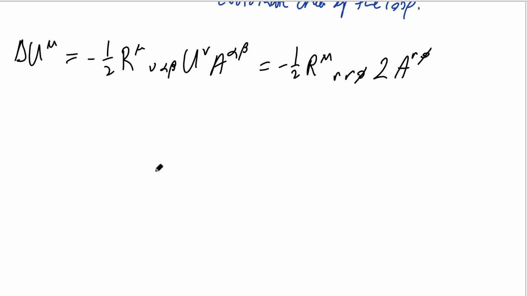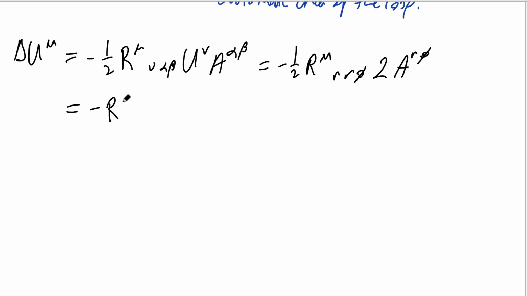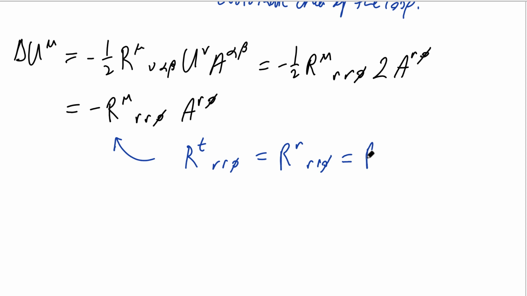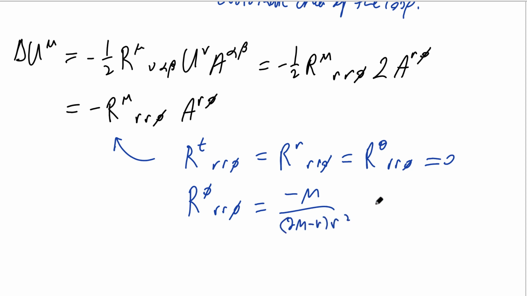So this simplifies to minus R^μ_{r rφ} times the coordinate area of the loop. And these components we can compute, again, using some computer algebra systems. We find R^t_{rrφ} and R^r_{rrφ} and R^θ_{rrφ} are all 0, and R^φ_{rrφ} is equal to minus m divided by (2m minus r) times r squared.